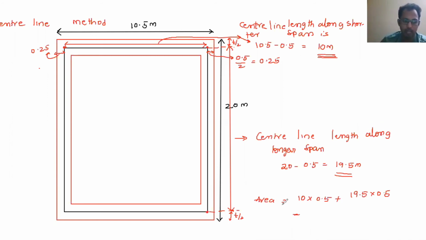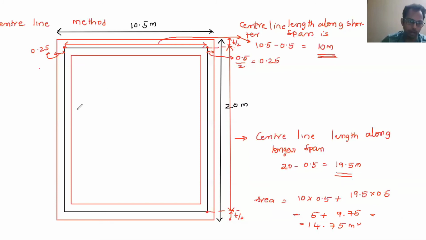The area is 10 into 0.5, that is 5, plus 19.5 into 0.5, that is 9.75. So 5 plus 9.75 is 14.75. So this is the area from the center line method.